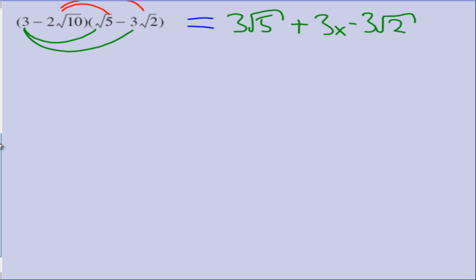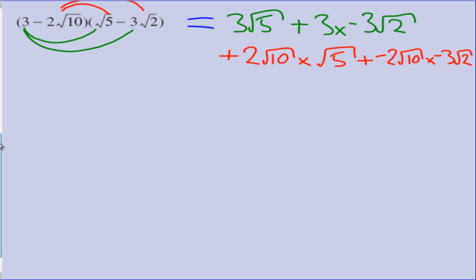Okay, dealing with our red rainbow now, we have plus 2 root 10 multiplied by the square root of 5, plus our big one, negative 2 root 10 multiplied by negative 3 root 2. Getting lengthy again. As I said, I'm not going to lie, these do take a bit of time.